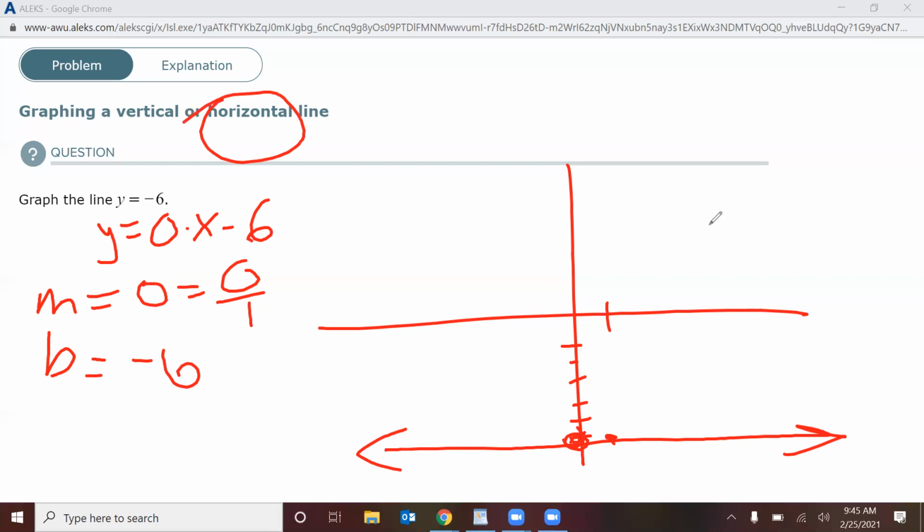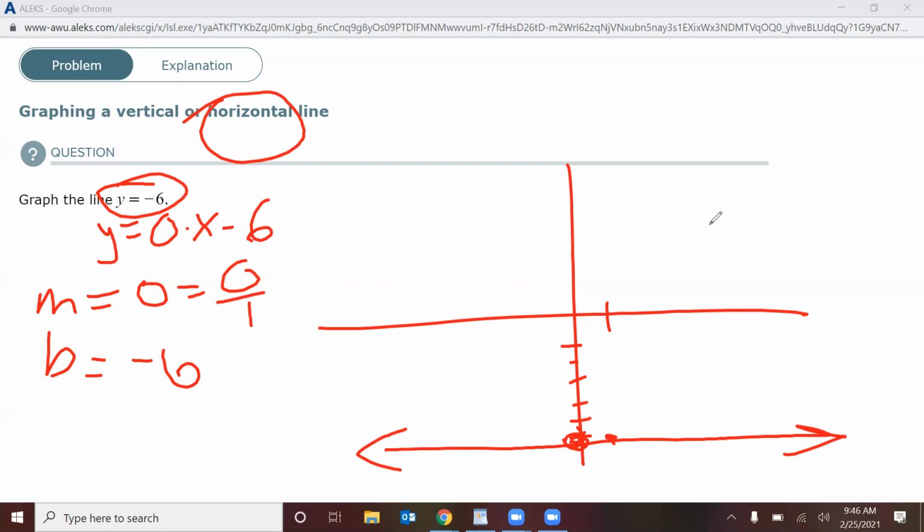So the idea here is whenever you just have y in the equation, no x's, then it will be a horizontal line. And the reason for that is y is our variable that tells us how far up or down we go. In other words, it is the height variable.